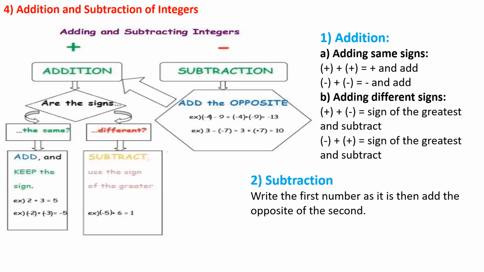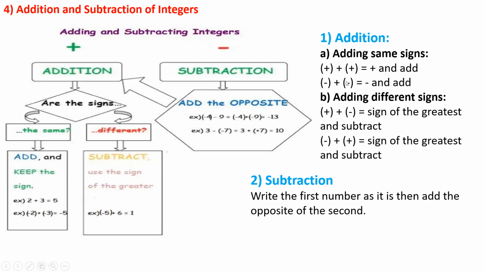Now, we will talk about the rules of addition and subtraction of integers. If I am adding two signed numbers, first, in between them, there should be a plus. This means I'm adding. I might be adding a positive number with a positive number. So the sign of my answer will be positive, and we add both numerical parts.